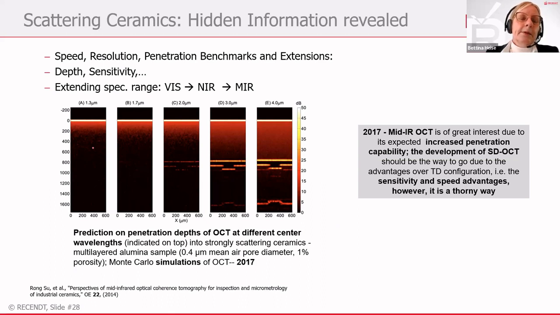You see no structure below, and it's a prediction in these Monte Carlo simulations that for wavelengths higher than 3 micrometers, the scattering is also decreased, and then hidden structures become visible from a measuring point of view.